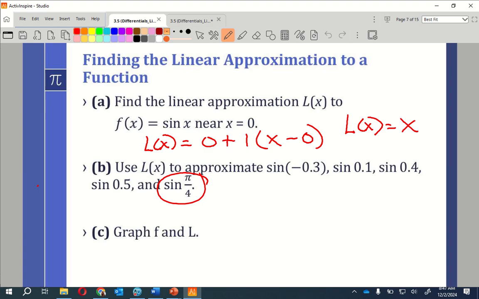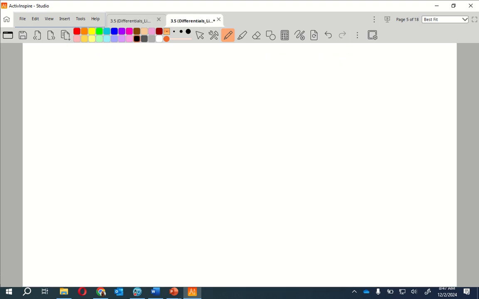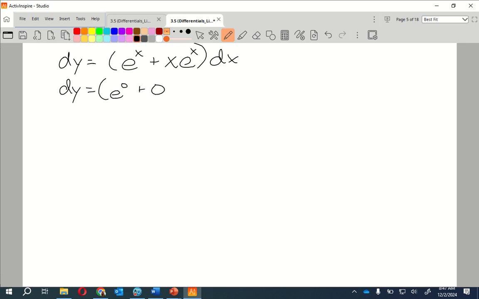So doing the same thing, dy is equal to e to the 0 plus 0 e to the 0 times 0.01. So all this right here, my dy is going to be equal to 0.01.